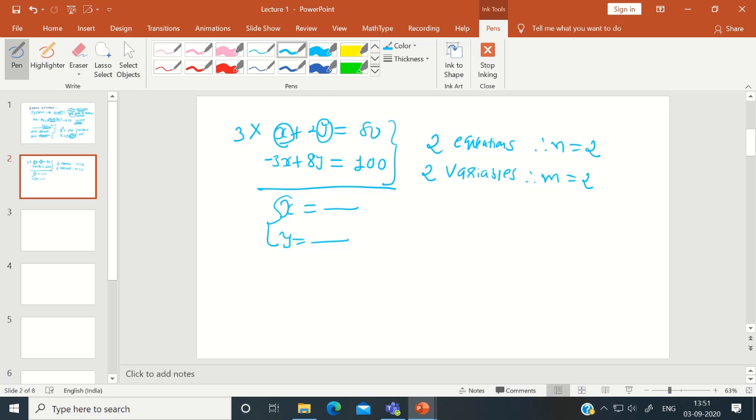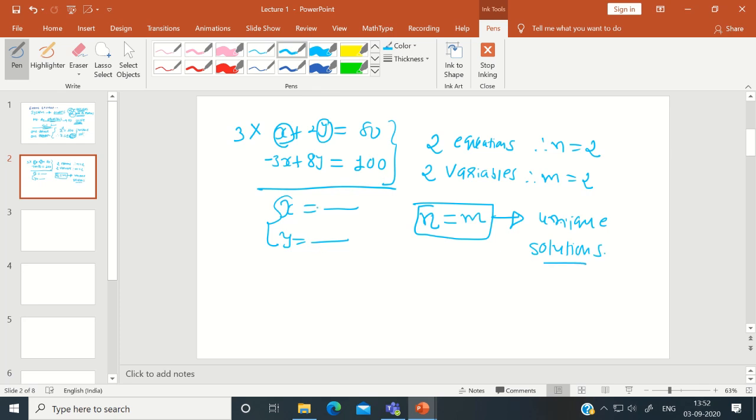So in this case also, mathematically n is equal to m, n is 2, m is 2, and I get the unique solution. Clear?